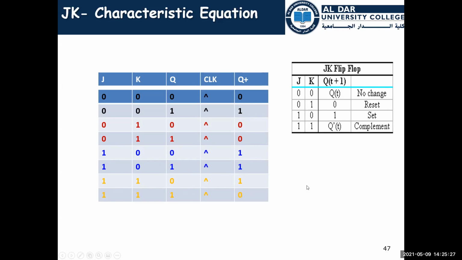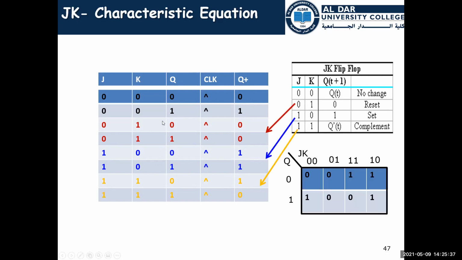Now I want to write an equation for the output. Just make the table, this Karnaugh map, using the Q and JK. These are the inputs.